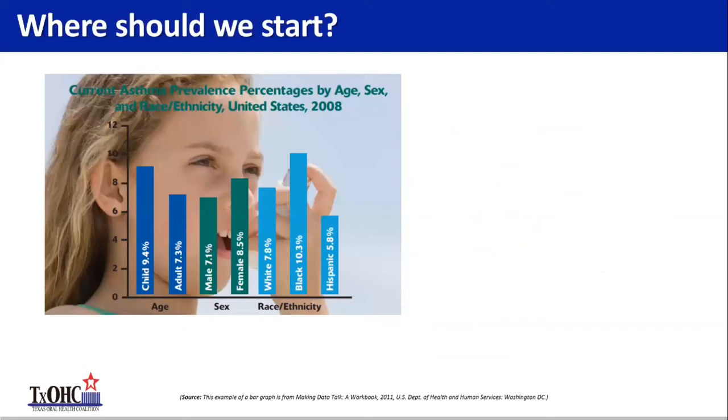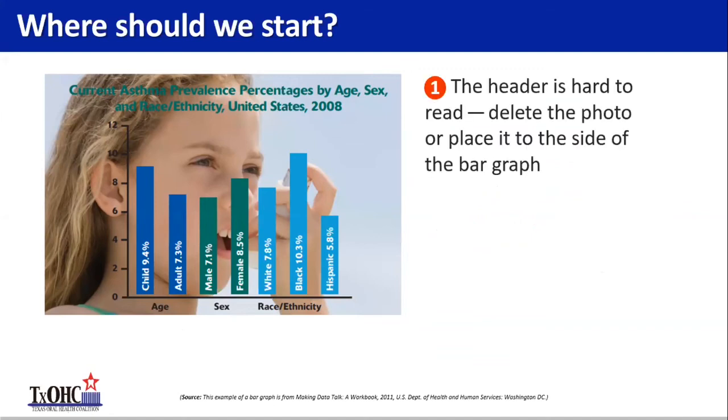And then, it's always nice to try and use photos or some other graphic art to complement a data visualization, but this is a real train wreck. And the main reason, I think we all get right away, right, is you can't really read the header. You have to concentrate to see that it says current asthma prevalence.